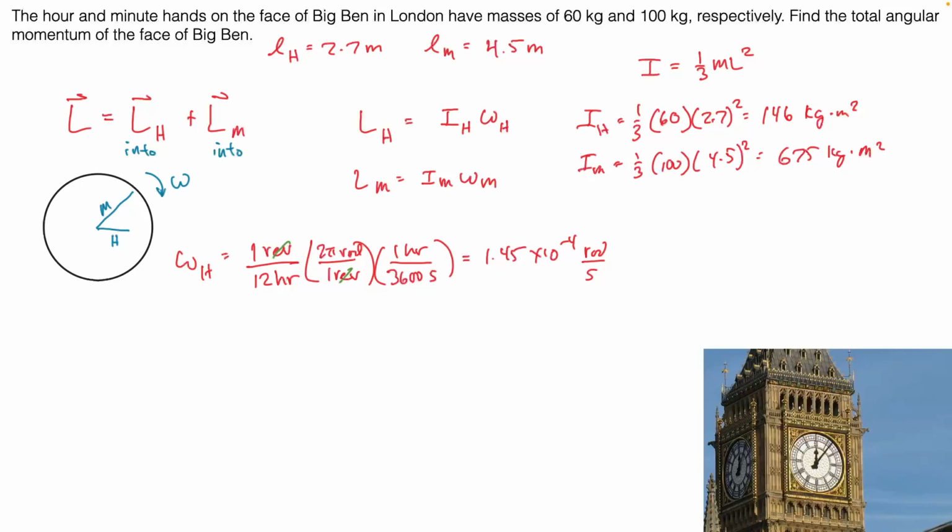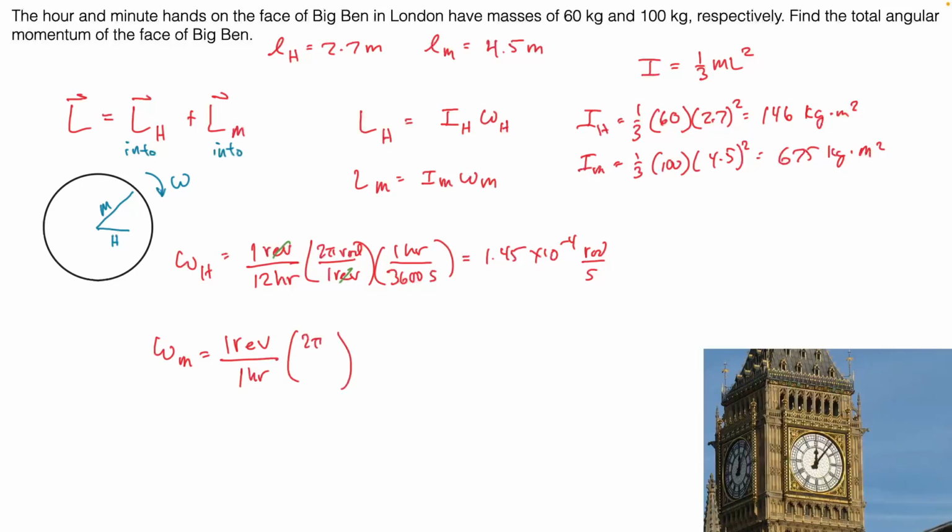All right, same calculation for the minute hand. Different data, okay? So it does 1 revolution. So the minute hand, how long does it take to go around once? Not 60 seconds. That would be the second hand. Every hour, right? Okay. So 1 revolution for every hour.